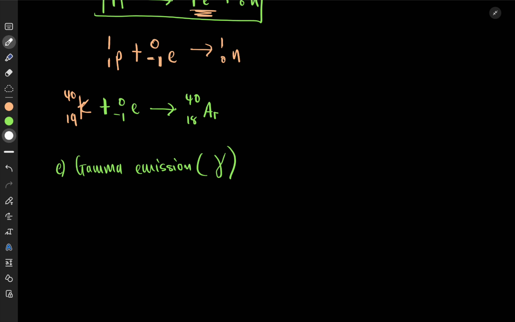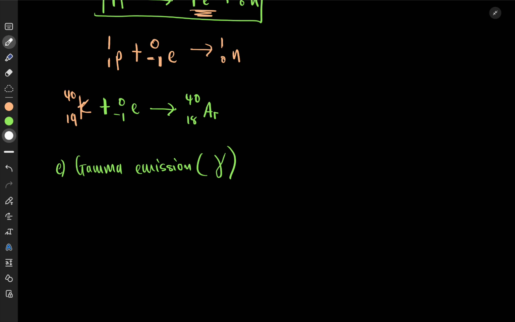We say it can be in the excited state, which means you have more energy than you must have in that state. So it will lose more energy through gamma emission, and then it will become stable. Does it make sense? After an alpha or beta decay, we may need to throw away more energy to become stable, and we can only do that by emitting gamma.